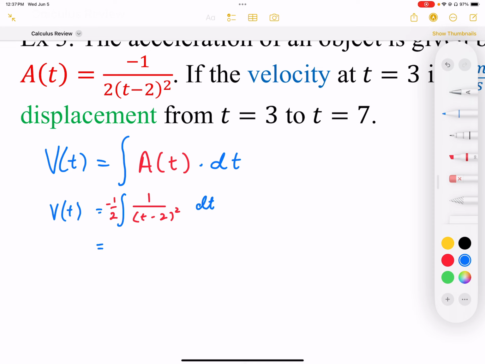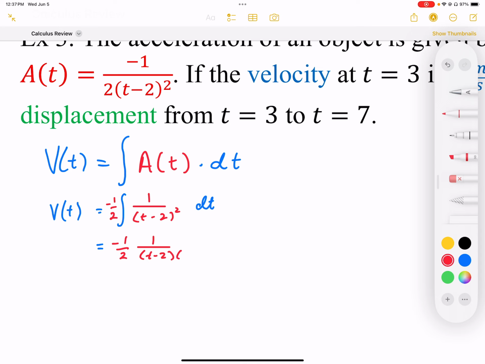So we're going to end up with negative 1/2. This becomes the power from negative 2 to negative 1, so it becomes t minus 2 in the denominator. And then we have that extra negative 1 power, so we have to make sure we divide by that extra negative 1 power.